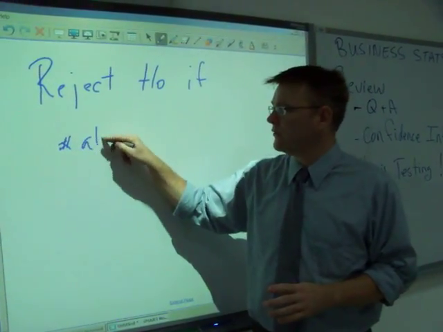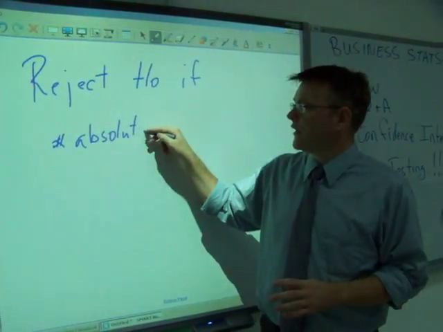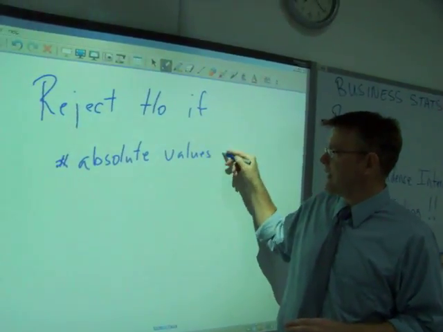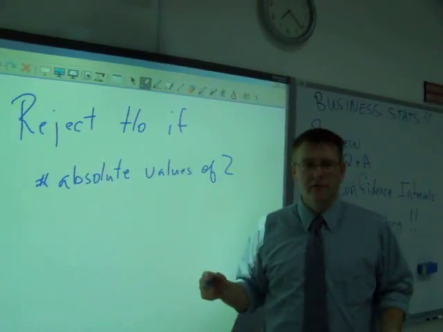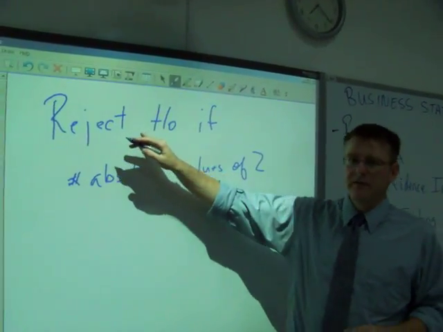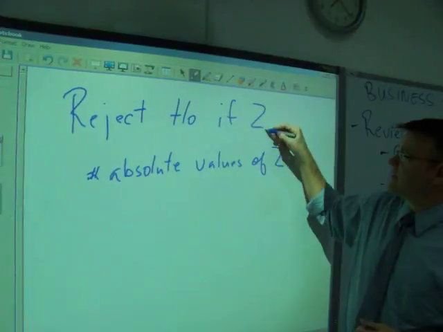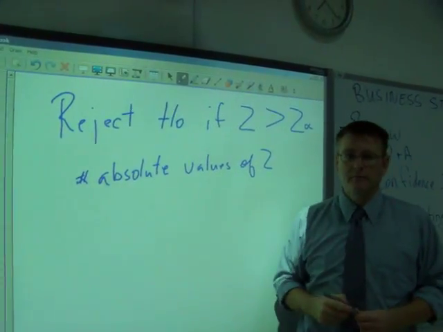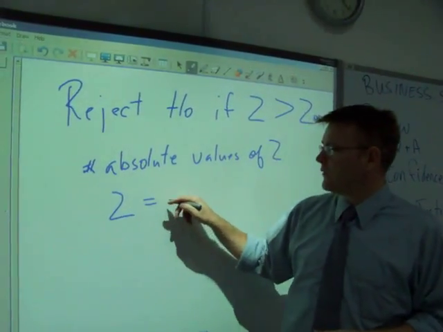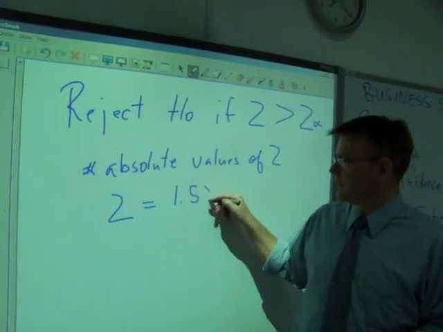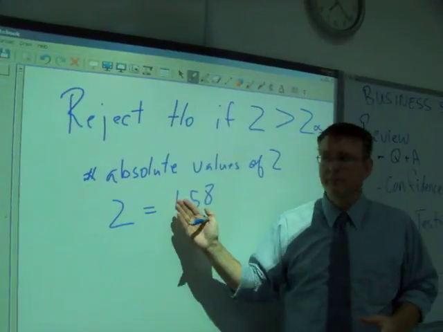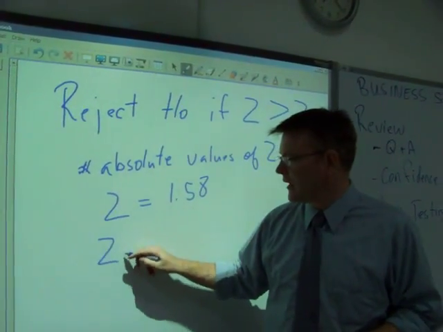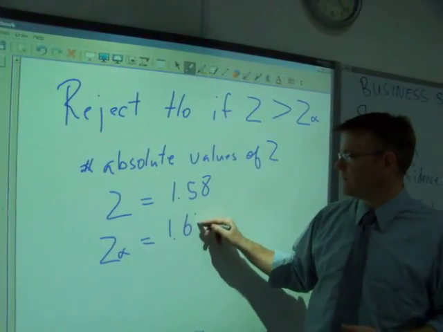Just as a little note, when you are looking at the rejection rule, you use absolute values of Z. It just makes it easier. So we will reject the null hypothesis if the test statistic is greater than the critical value. Our test statistic equaled negative 1.58, but for the sake of the rejection rule, we will use absolute values. The critical value was 1.645.